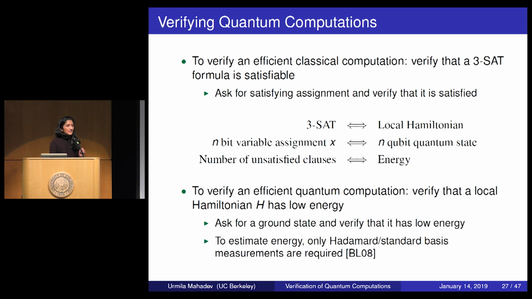And the nice thing is that all the quantum verifier has to do to verify is perform Hadamard and standard basis measurements. That's it. So all he has to do is receive the quantum state and be able to perform these measurements, and he can verify a quantum computation. So in some sense, his quantum capabilities are limited. And that's what I'm taking advantage of.